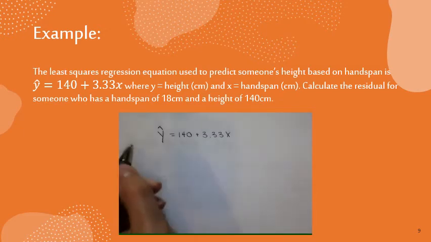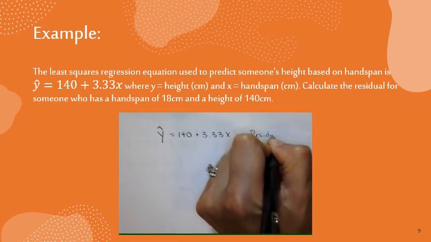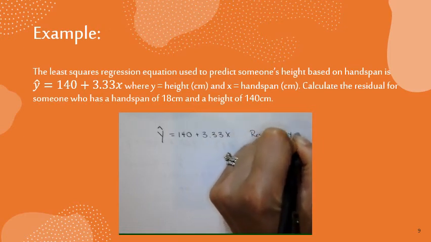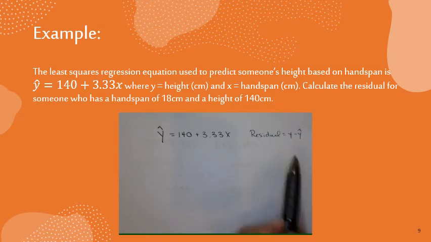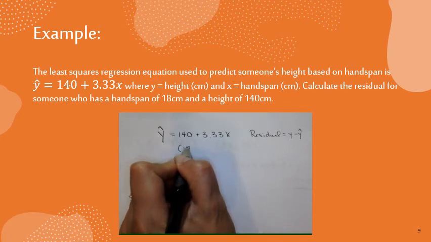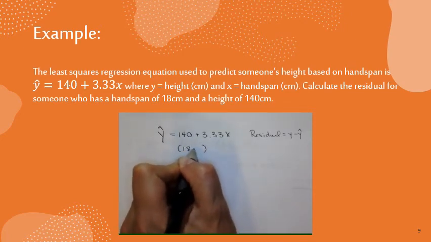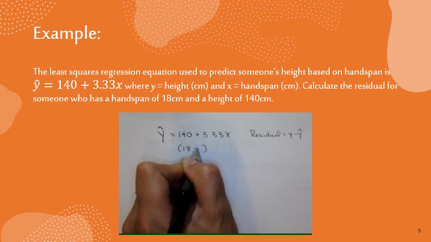So remember, residual equals y minus y hat, or actual minus predicted, and we do have the actual because it says someone has a handspan of 18 and a height of 140. It's giving us an actual data point with an x of 18 and a y of 140.